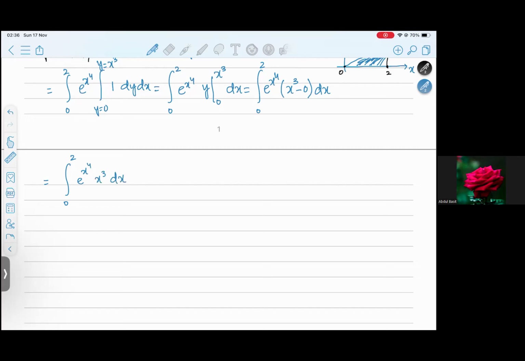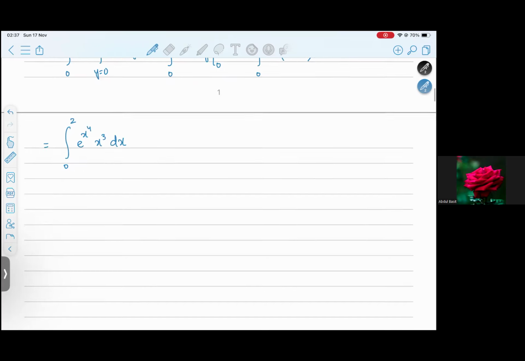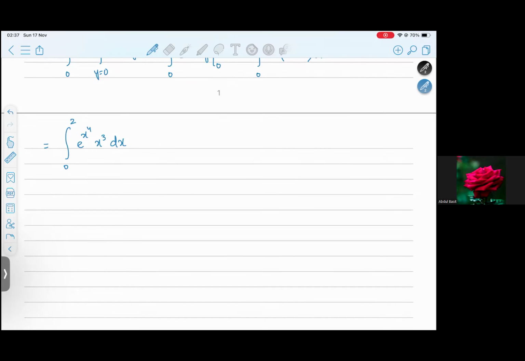Right, now this function e to the power x power 4, and the derivative of x power 4 is 4x cube, which is being multiplied with it. So to make the perfect derivative, I multiply 4 with it and divide by 4 with it. Okay, the integral becomes 1 over 4 from 0 to 2 of 4x cube e to the power x power 4 dx.